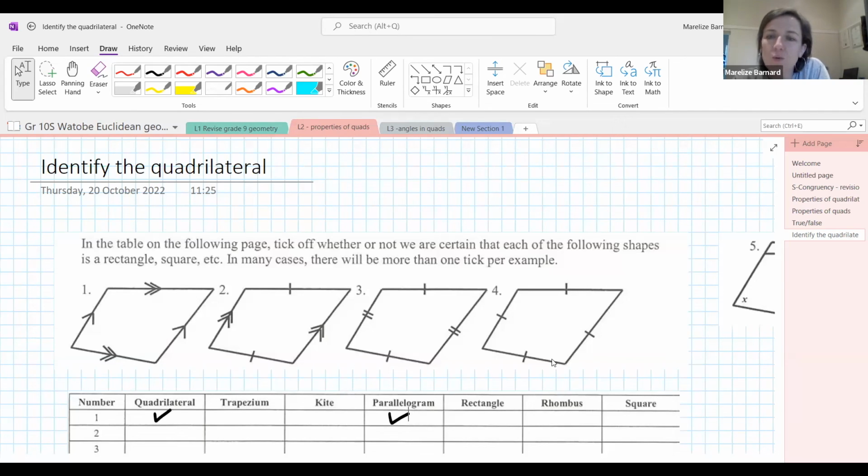Tick the ones that apply. A square has all the sides equal. So maybe 4 is a square, but 4 could also be something else.